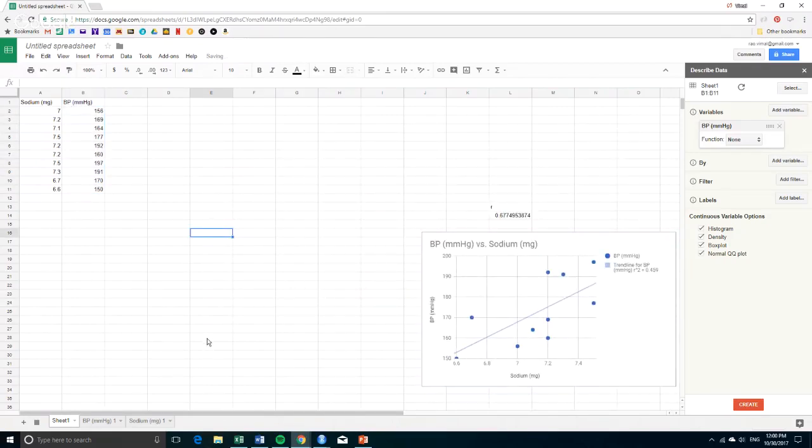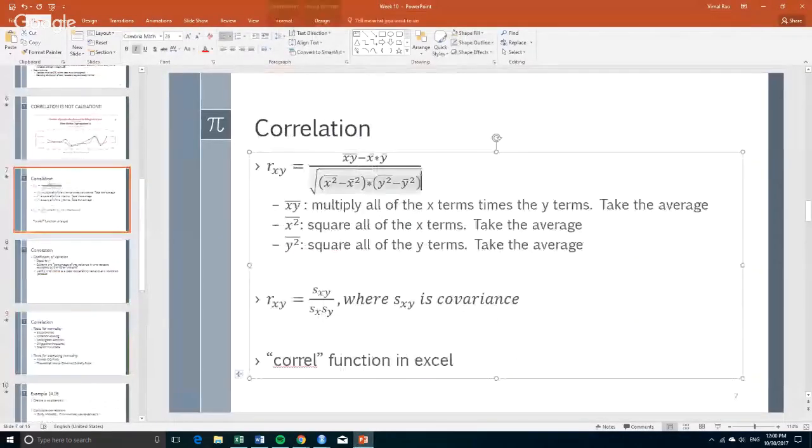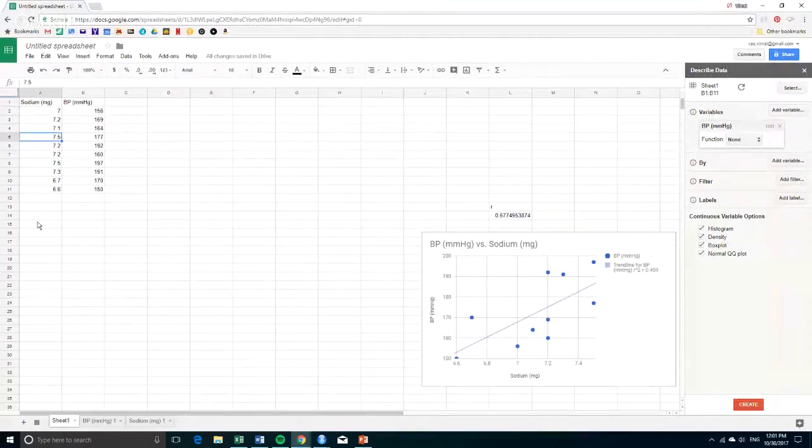So let's calculate correlation. Let's do this by hand. And I'm going to refer back to this equation. So I need a couple things. All of these are different averages. I need the average of X. So X is sodium. So I have all my sodium measurements here. So let's calculate the average. You can use the average function.